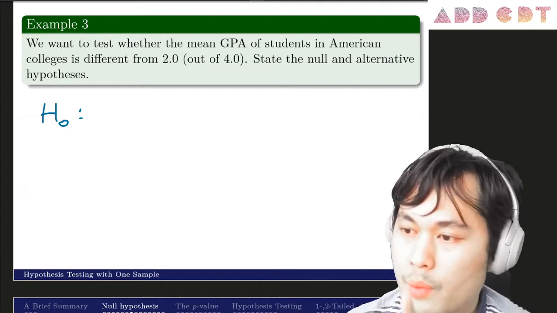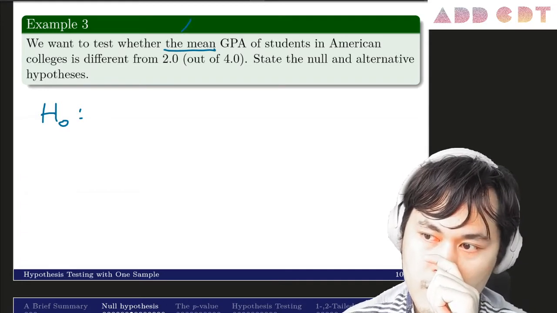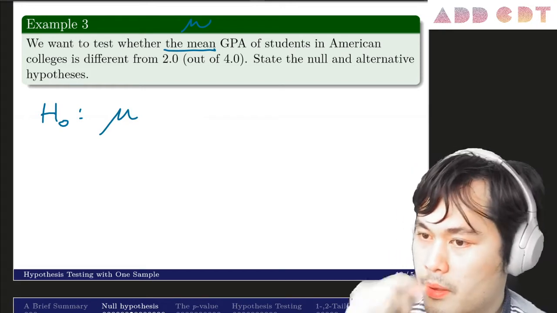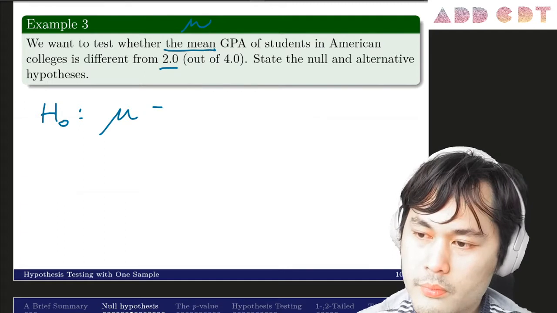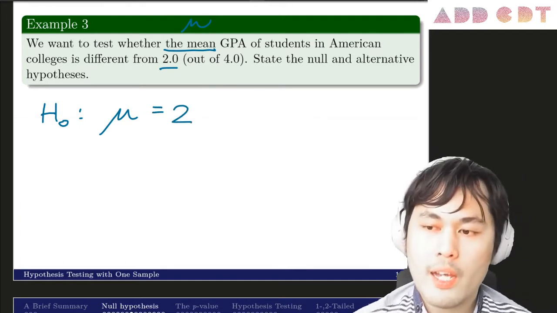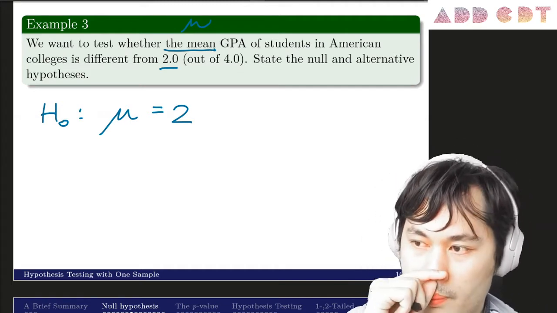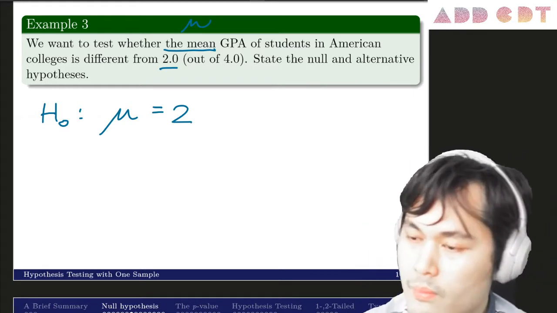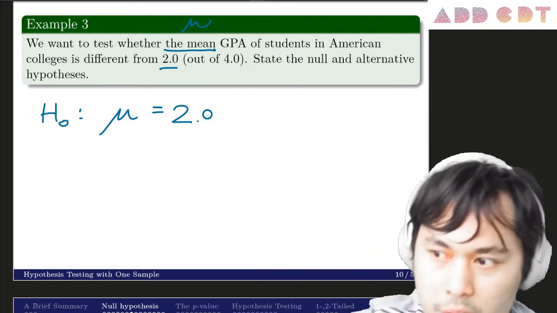Let's look at the keyword. We are looking at the mean, so it corresponds to the population mean mu. We believe that it is 2.0, so we can write it this way. Now our null hypothesis is that the mean GPA of students in American colleges is 2.0, so that it matches the original statement.